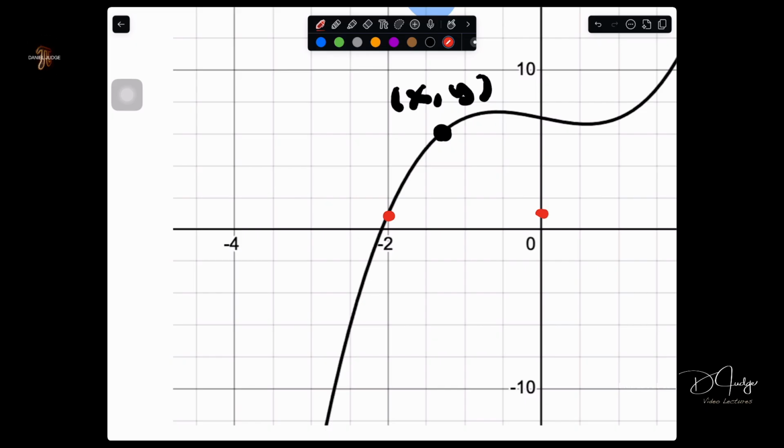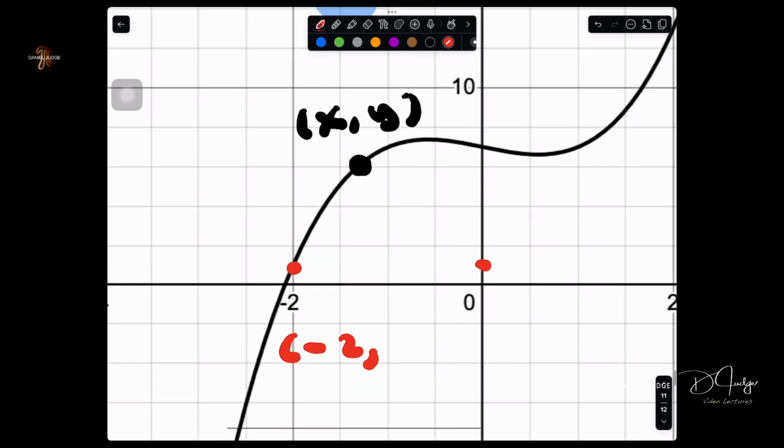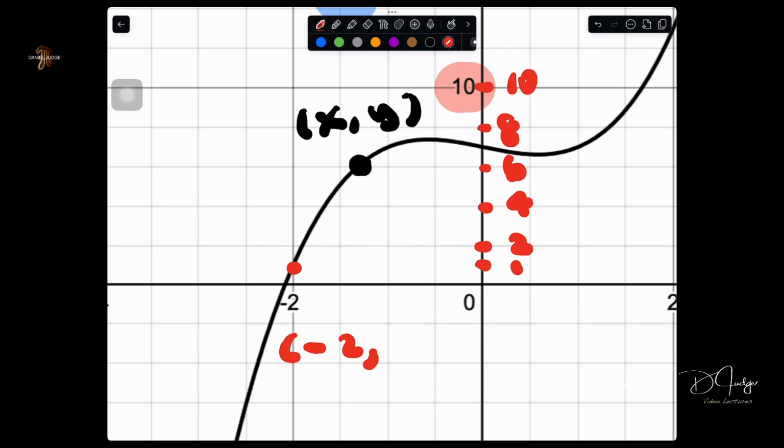It looks like x is -2, and notice this. Since this up here is 10, every dash mark is units of 2. 2, 4, 6, 8, 10. So halfway here, half of 2, this is 1.